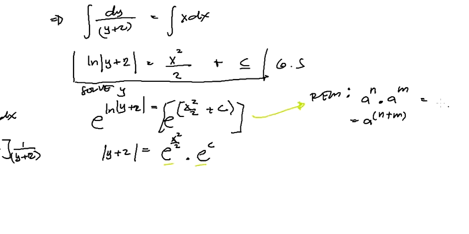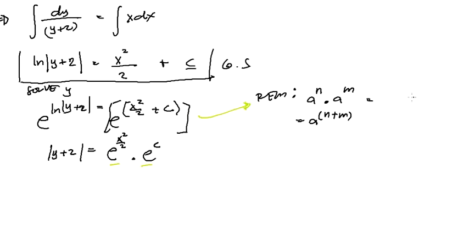For example, we have x raised to 2 multiplied by x raised to 3, so we have x raised to 2 plus 3, and combining these numbers, 2 plus 3 is just 5, so x raised to 5.